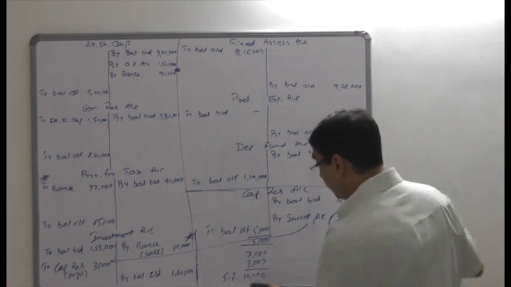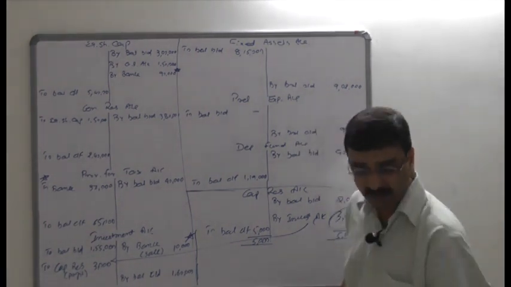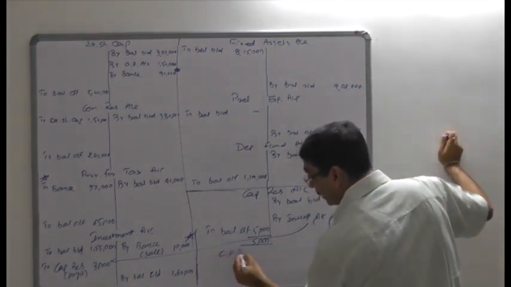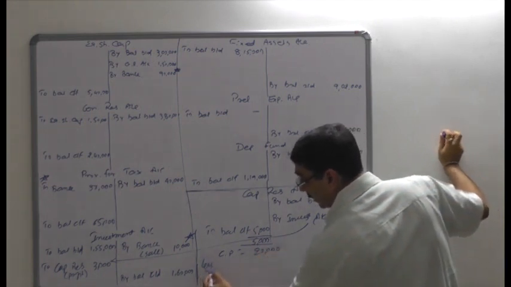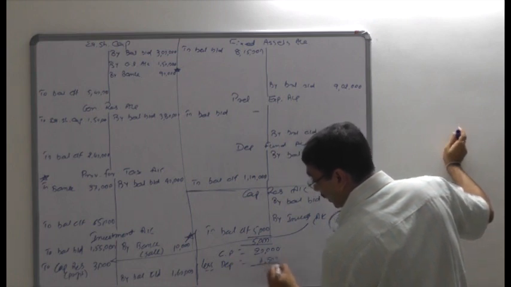Now see here, I'm just going to do the working on this. It's not required, but let's see. Your machinery's cost price is rupees 20,000 less accumulated depreciation on it, 7,500. So after depreciation your value is 12,500.